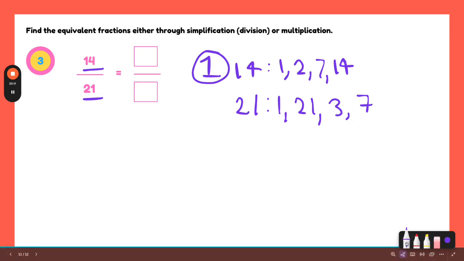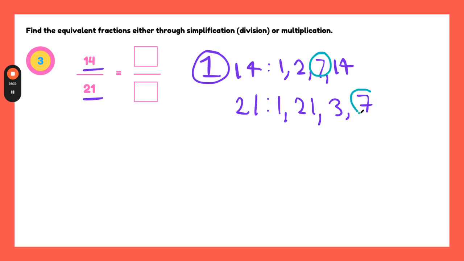Now, if we look closely again, which number is our highest common factor? Of course, it would be 7, because 7 is the highest number which goes both into 14 and 21 without any remainders, and it is also a common factor, so it goes both into 14 and 21.